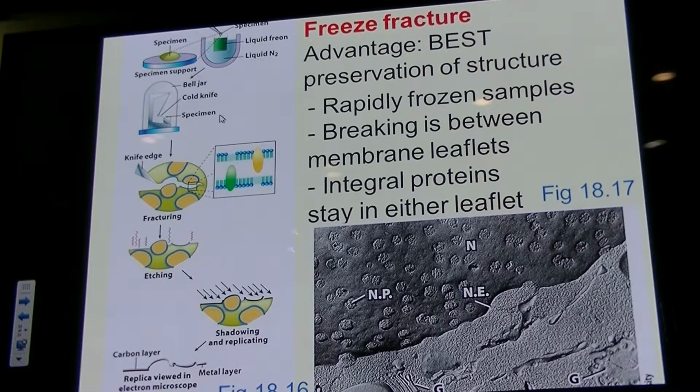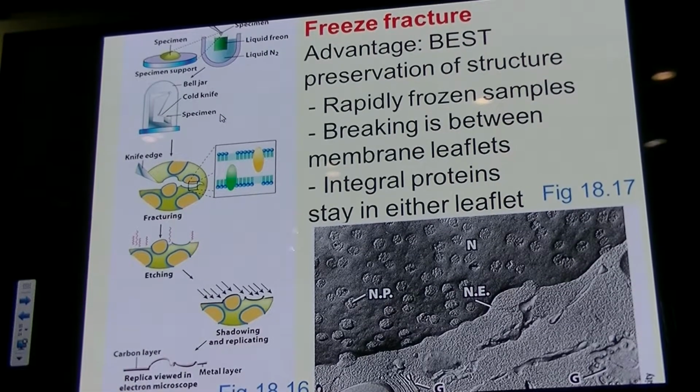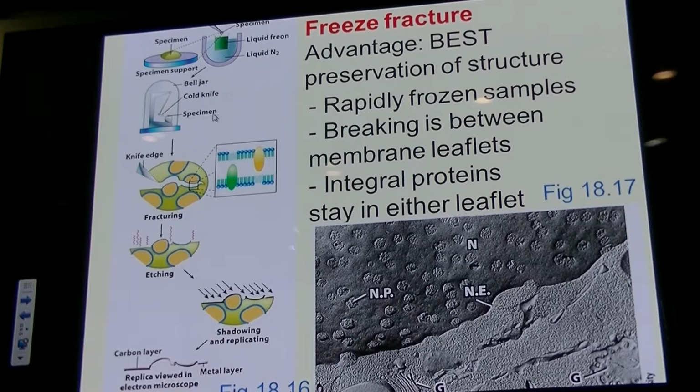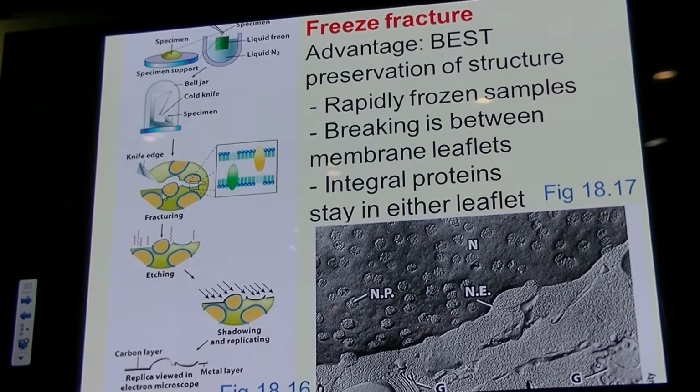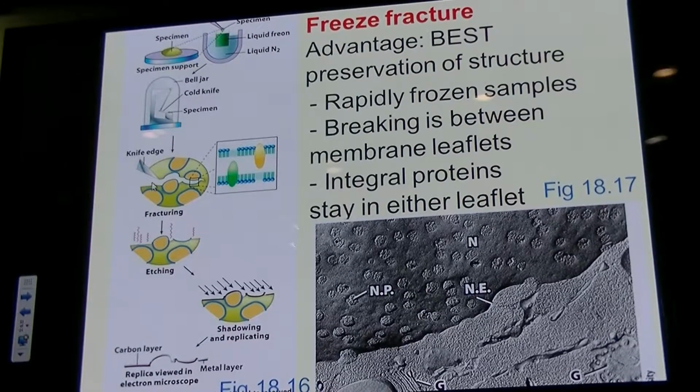But if we encounter a biological membrane, the two lipid layers that form the bilayer are not strongly connected. So we would preferentially get breakage between the two planes of a membrane. This is indicated here in this diagram.